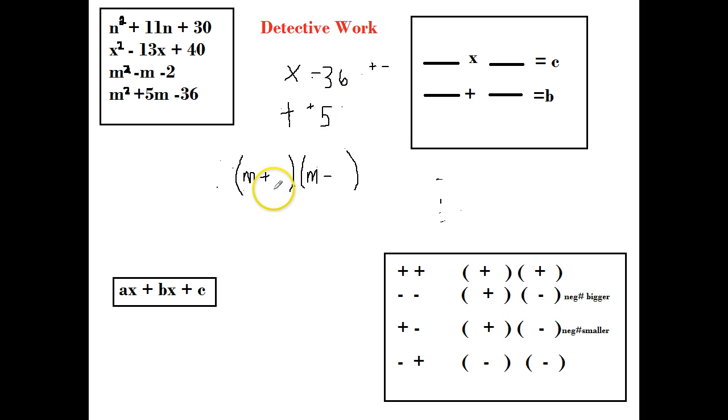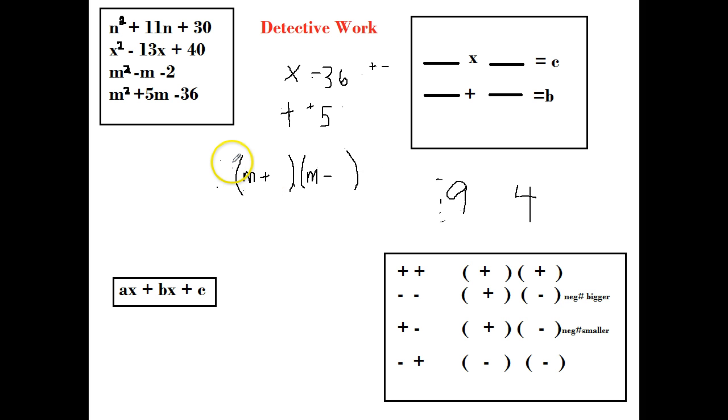Because with a positive and a negative, it means they're 5 apart if you end up with 5 when you add them. Okay, so I'm thinking about what numbers multiply to 36 and I get 9 and 4. In this case, they are 5 apart, so that's good.